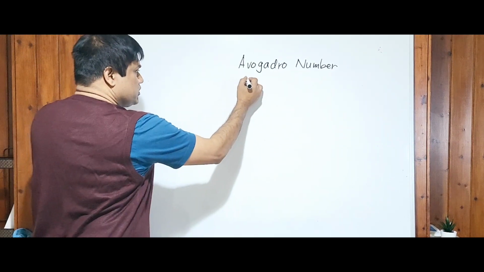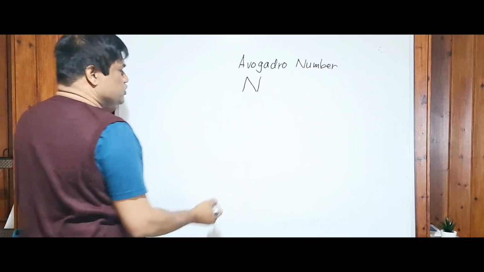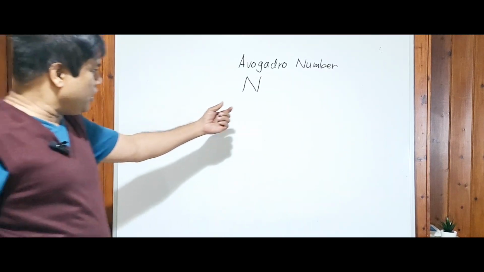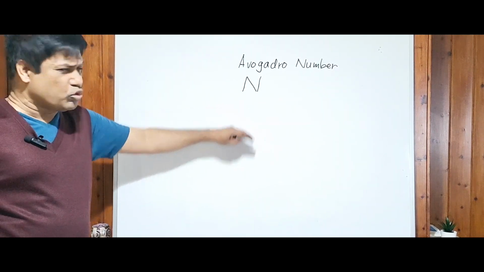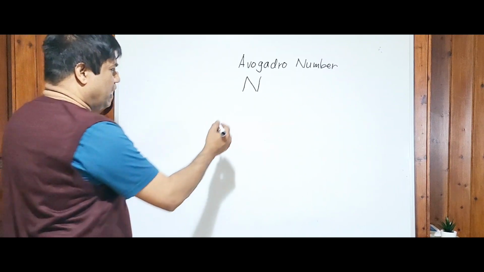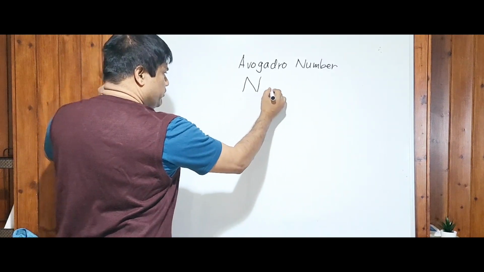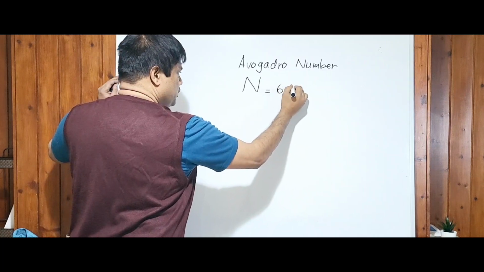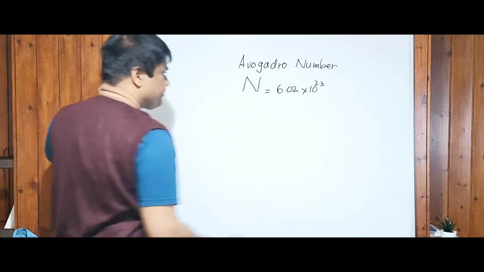Which is just represented by N. In some books, they use N small a or big A. I'm not using this one, otherwise you get confused with sodium. So this is just a number. It has some value which is equal to 6.02 into 10 to the power of 23.